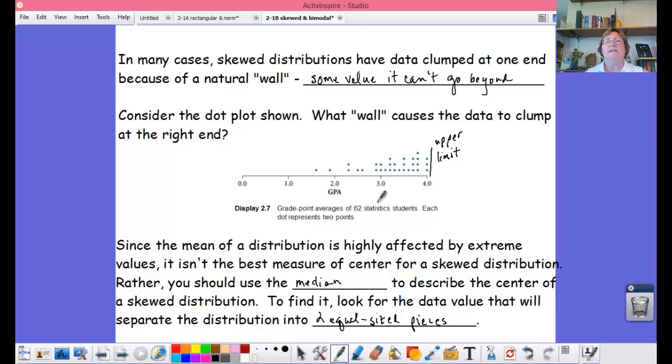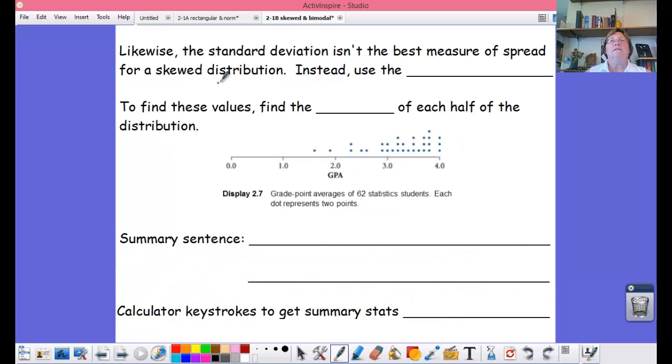So if we had 31 dots here, we'd be looking for the 16th dot, and that would be the median in this distribution. The standard deviation, again, is not the best measure of spread in a skewed distribution because standard deviation really measures how far things are from center, and at one end it's way farther from center than the other.